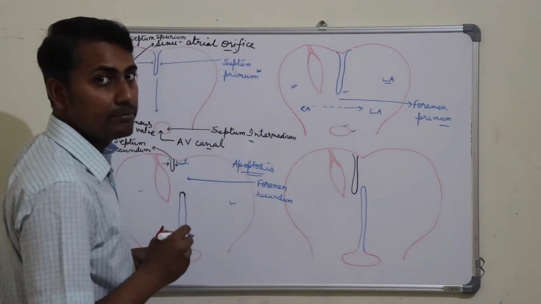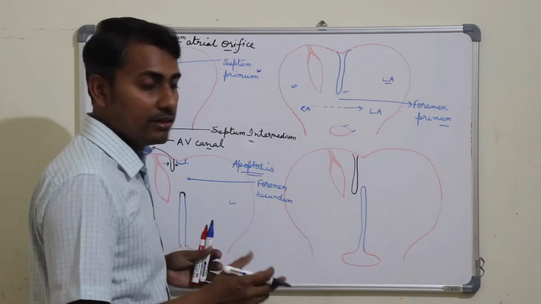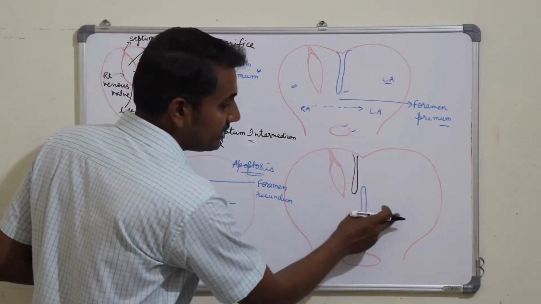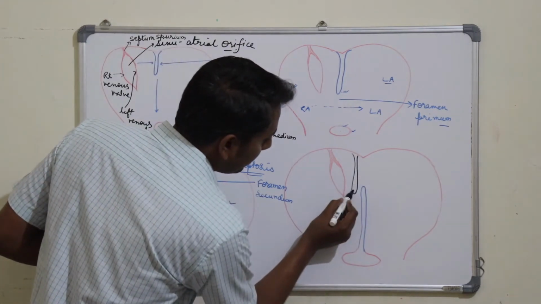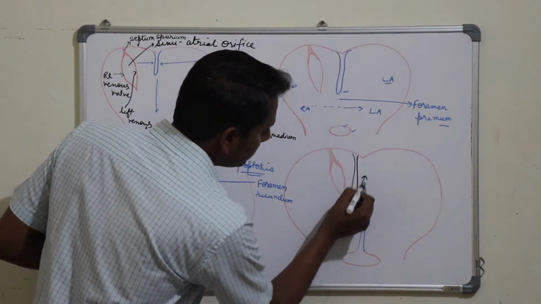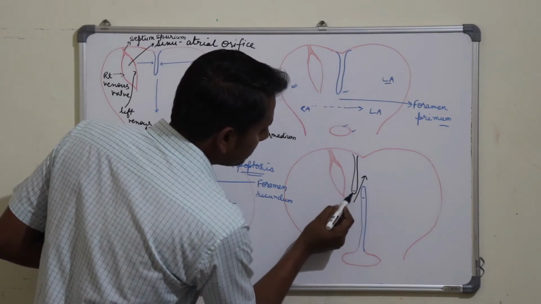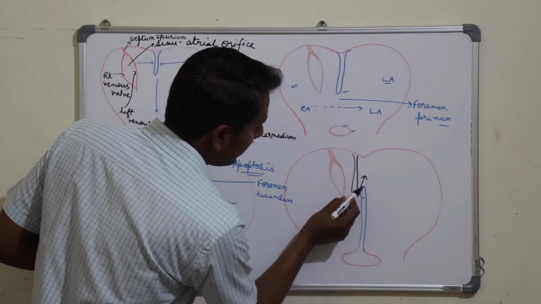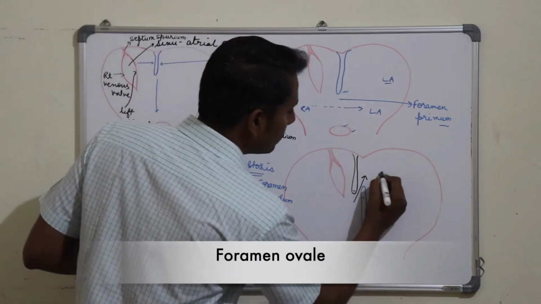Here you can see it is the lower margin of the septum secundum overlapping the upper free margin of the septum primum. But to maintain the flow of the oxygenated blood from the right atrium to the left atrium, there is always an interval between the septum secundum and the septum primum, this gap. This slit-like gap between the lower part of the septum secundum and the upper free edge of the septum primum is known as foramen ovale.